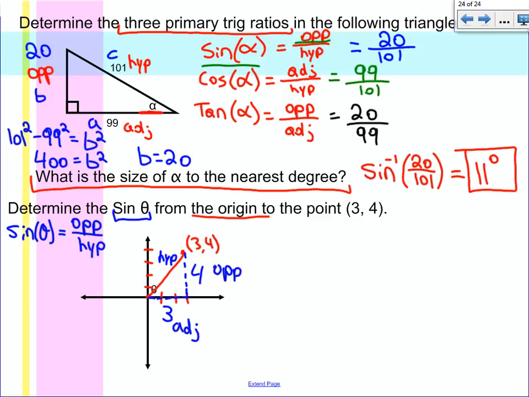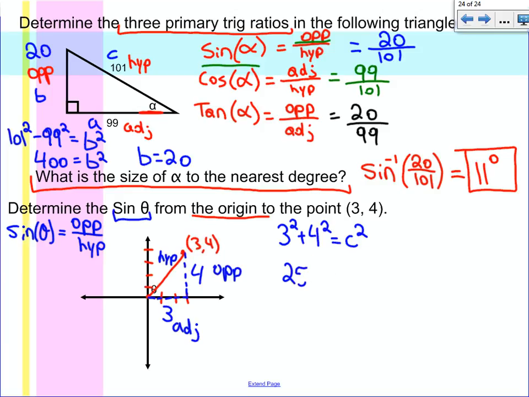We need to use Pythagorean Theorem. So 3 squared plus 4 squared equals c squared, because c is always the hypotenuse side. If you do 3 squared plus 4 squared, you get 25 equals c squared. Square root both sides, and you get 5 equals c. So 5 is your hypotenuse.